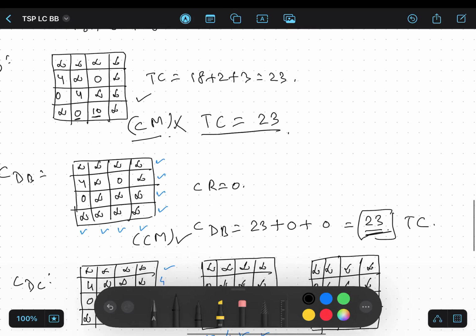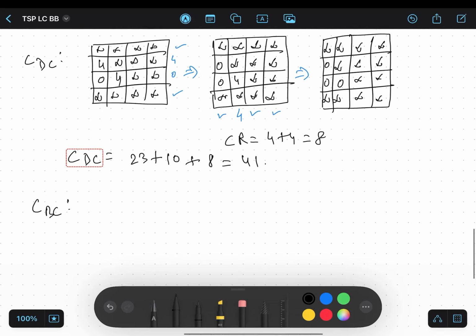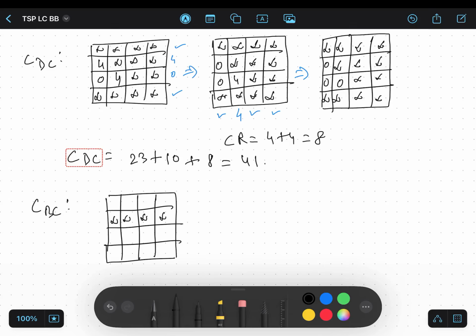BC. So cost of BC, which will be: B-th row is going to be infinity, and C-th column, and index at C, B is going to be infinity.